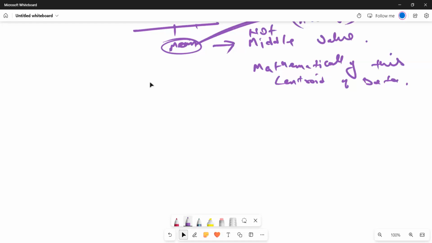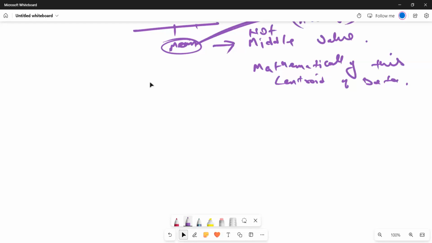So is it mandatory to consider shifting it to the mean? The reference point has been answered. Why do we shift the origin? What is the benefit? This is also answered. All right. So all the doubts until now have been answered.